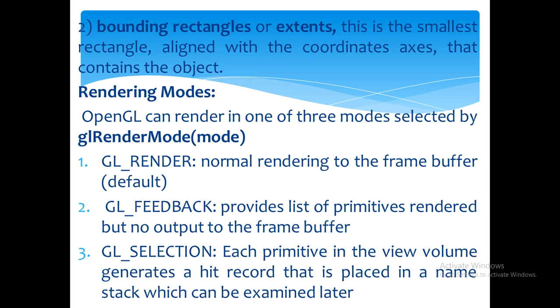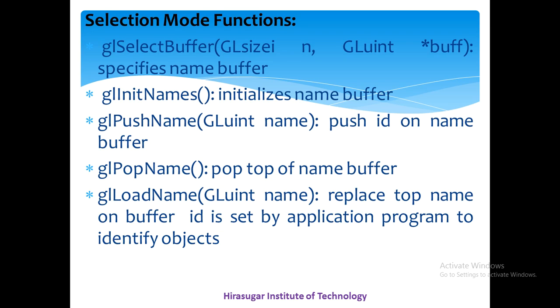Start from the top and see whatever records have been placed. Then you do the operation as per the name stack information, and you display those objects. This is selection. So this rendering mode works in three different types, and you can render the objects picked by your picking device, right?